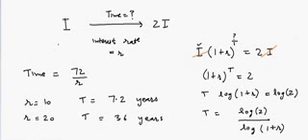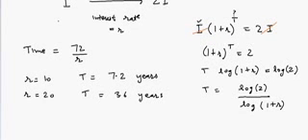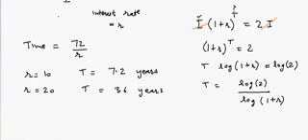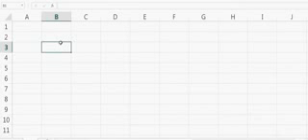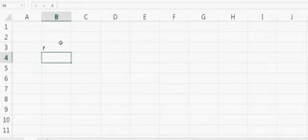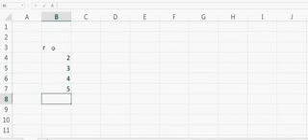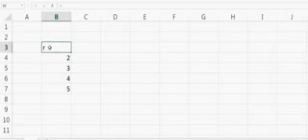Now if I go to Excel and try to solve this equation, let me go to Excel. Suppose we have R, and we start with 2, 3, 4, 5, this is the rate of interest.